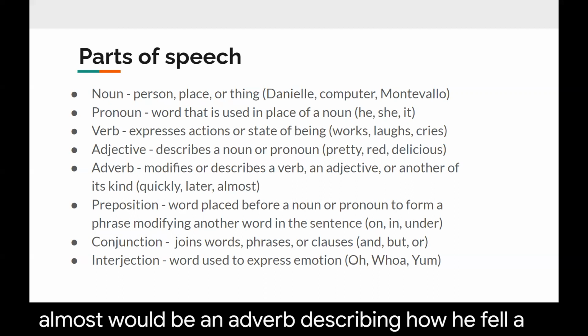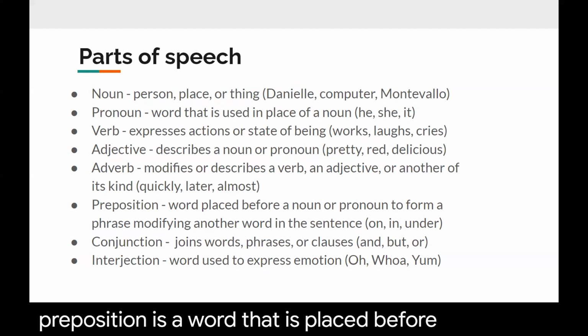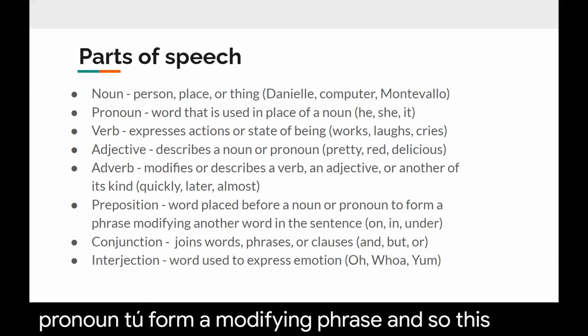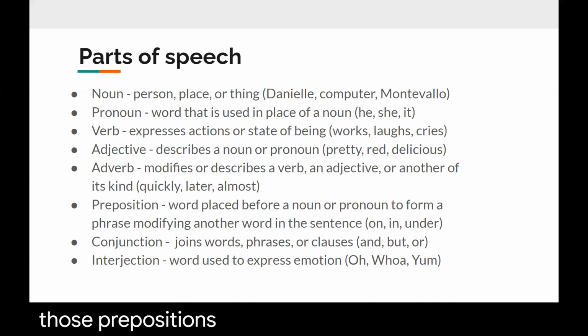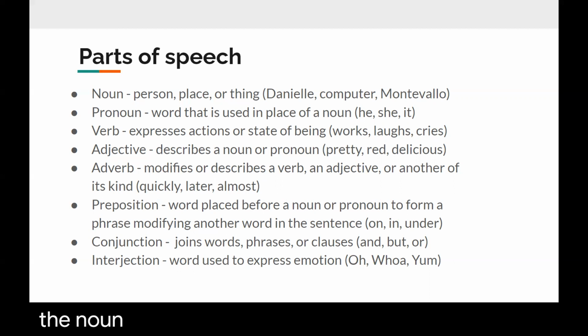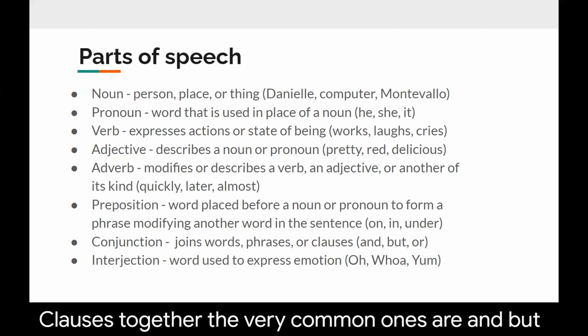A preposition is a word that is placed before a noun or pronoun to form a modifying phrase. And so this is those prepositions like on, in, under, to kind of describe the noun. A conjunction joins words, phrases, or clauses together. The very common ones are and, but, or.